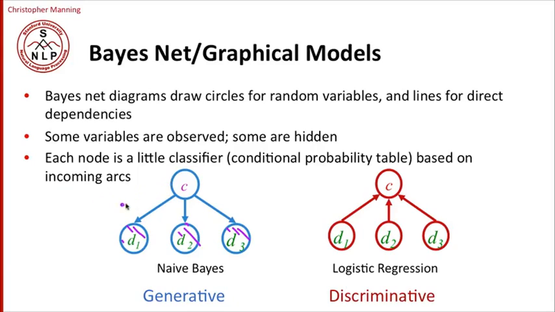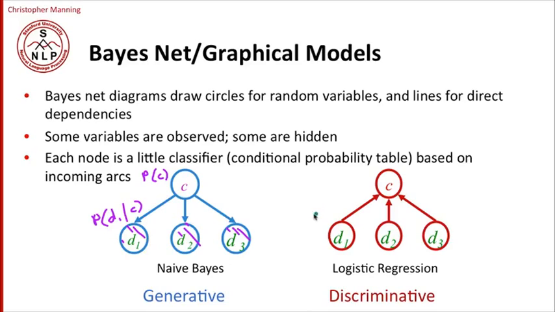But in terms of the probabilistic model, our probability factors are a prior probability of the class, and then the probability of the words in the document given the class. And so we have this generative direction in which the words are generated from the class, rather than actually predicting what we haven't observed.